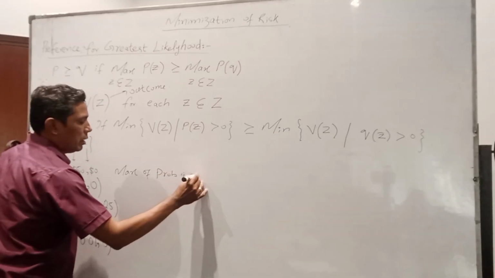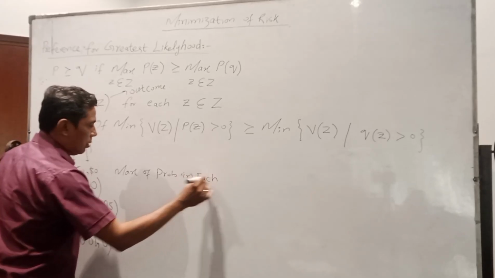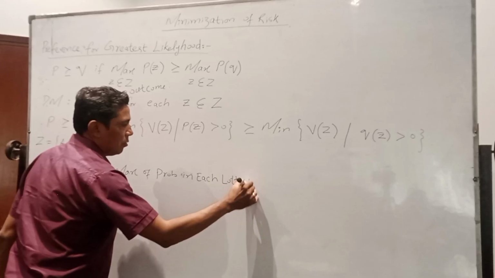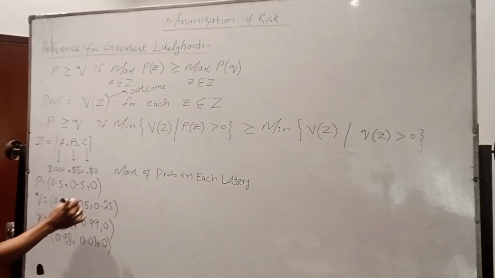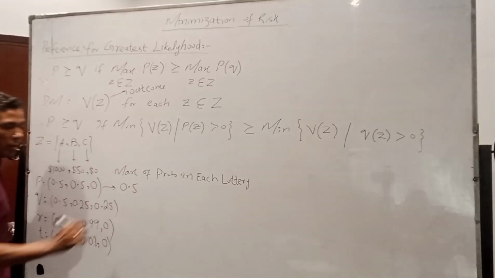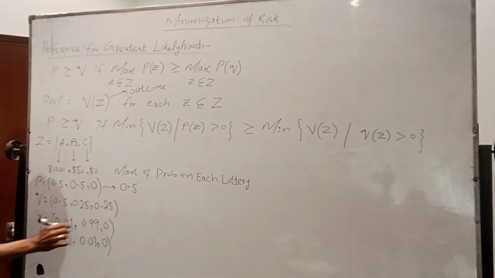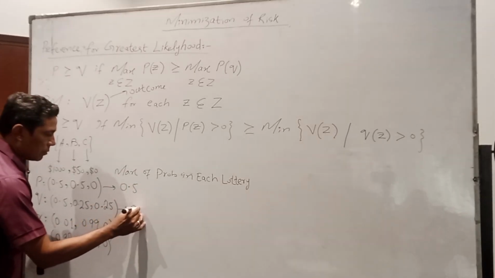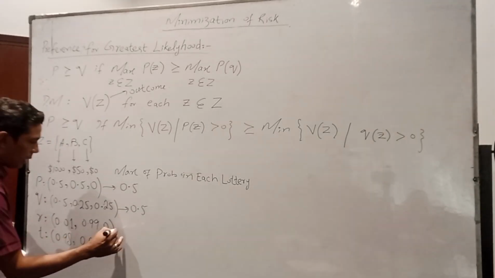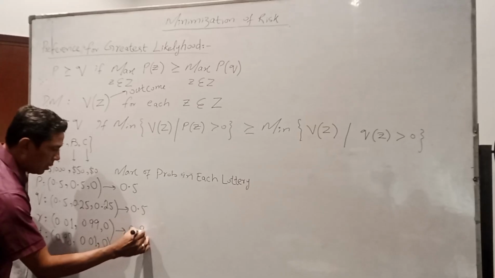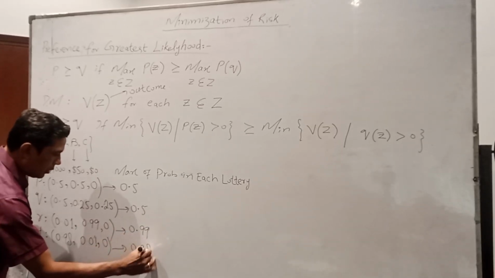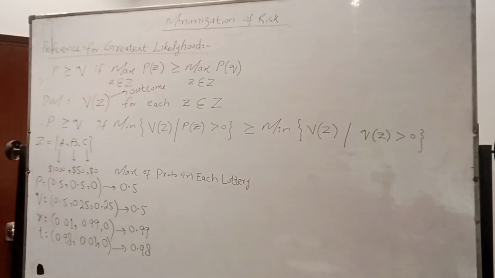Okay? Right? So the max of this one is 0.5. Am I right? And max of this one is 0.5, and similarly the max of this one is 0.99 and the max of this one is 0.98. Yes.